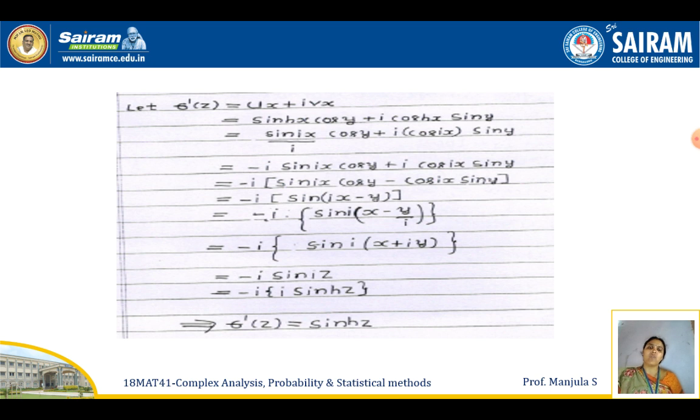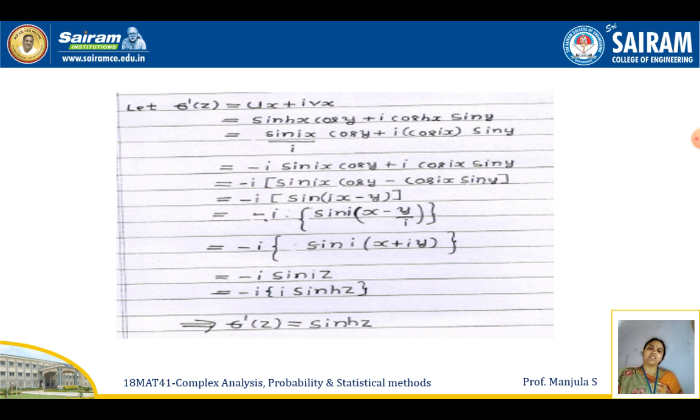So this is the formula of sin of a minus b. Take i inside the bracket, inside the trigonometric term, so that becomes i into x minus y by i. 1 by i stands for minus i, and minus into minus is plus. So that can be written as minus i into sin of i into x plus iy. x plus iy stands for z, so minus i sin iz.